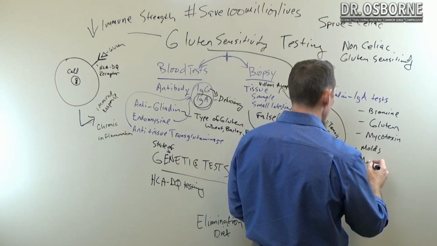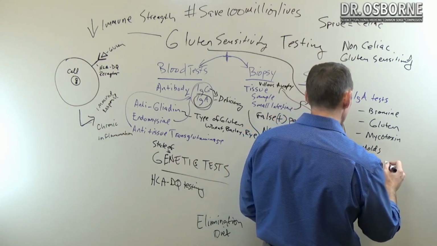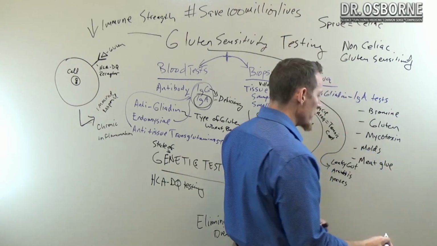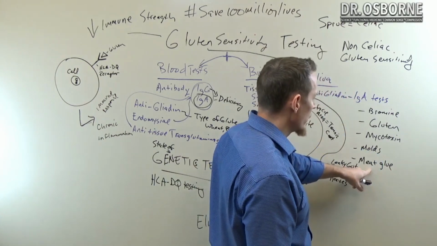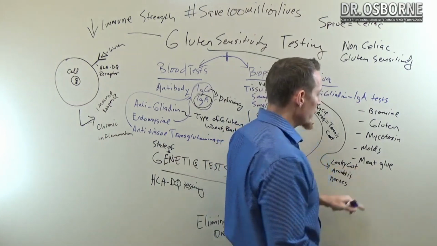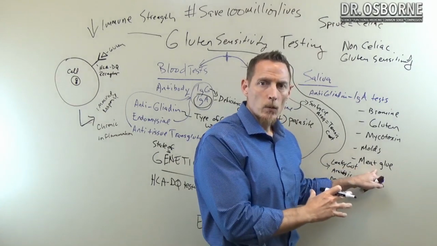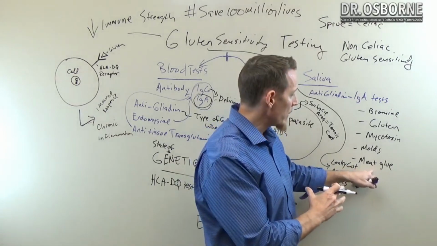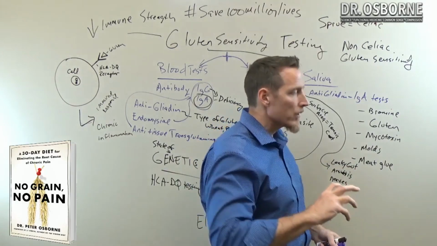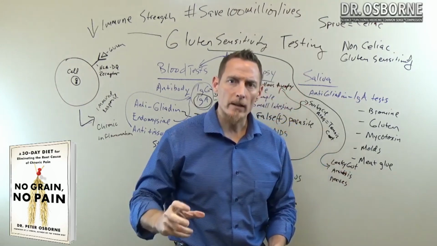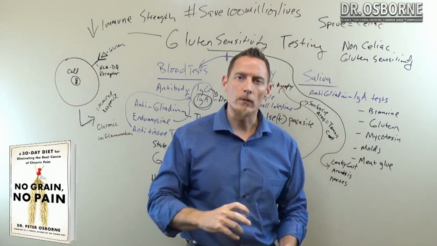One in particular, oftentimes referred to as meat glue. Its actual scientific name is microbial transglutaminase. Oftentimes your bread products are basically treated with meat glue, and that can make them act like gluten, even if they're gluten-free products.